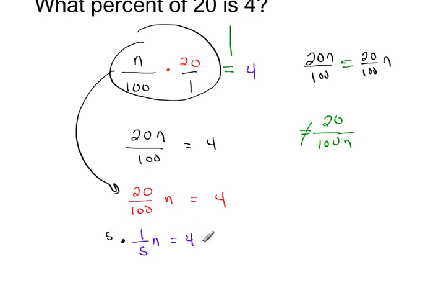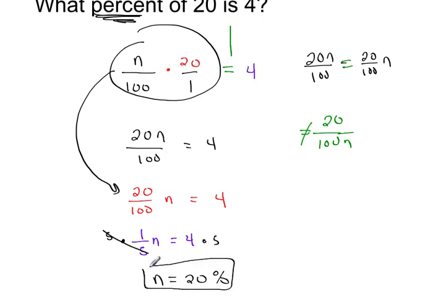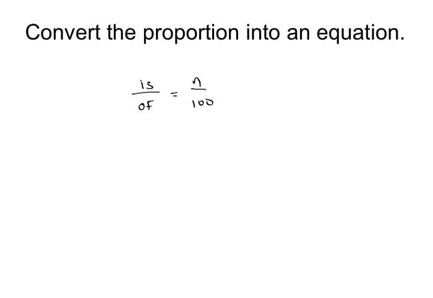What I do to one side, I do to the other side. 1 over 5 times 5, see you later. I'm just left with 1n, or just n. 4 times 5 is 20. And since it says what percent, make sure I put my percent sign there. 20%. So what percent of 20 is 4? 20%.